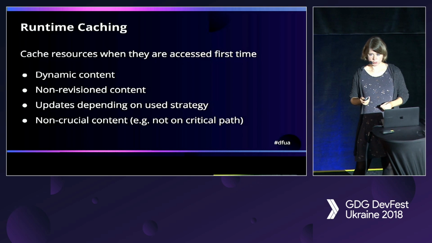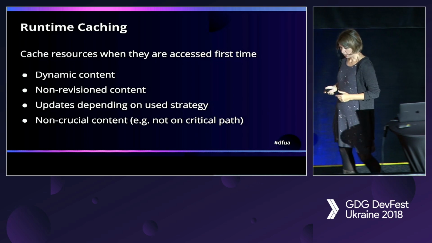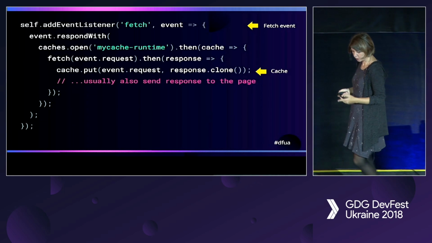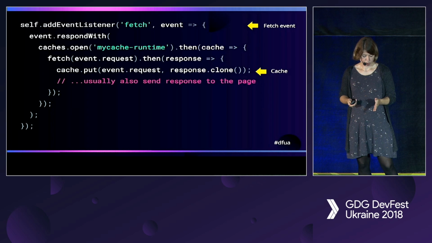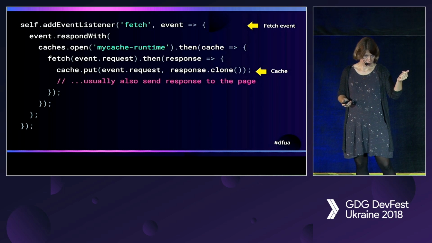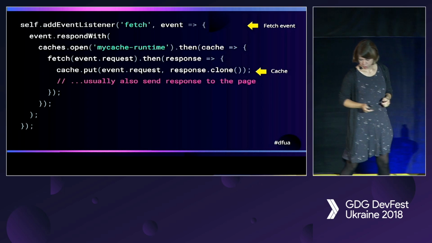It might happen that it's not there, so you need to think about having some backup plan. This is the example, right? Here I react to a fetch event, and that's the moment where I go to the network and fetch the resource. I usually send it back to the page, but I also save it in the cache for the next use.